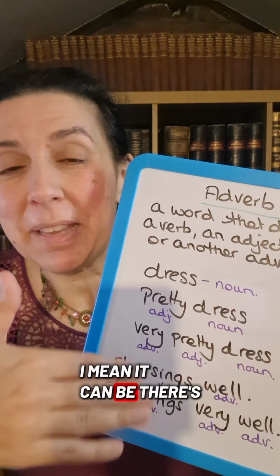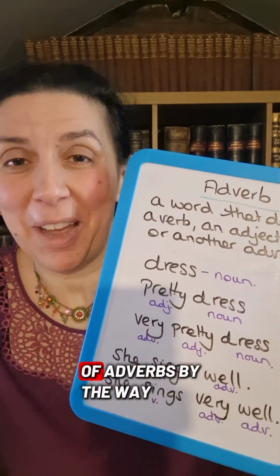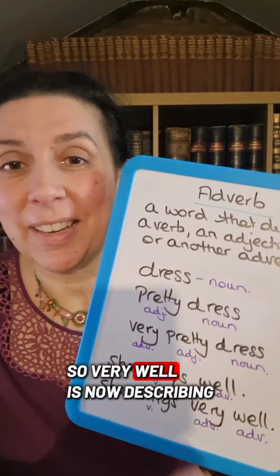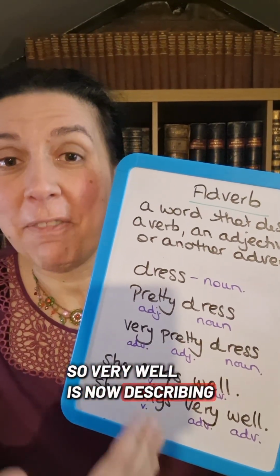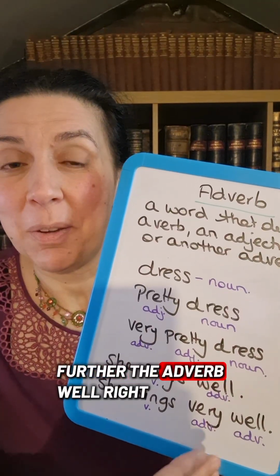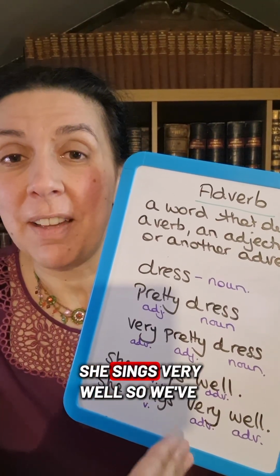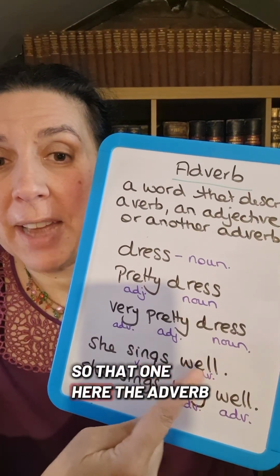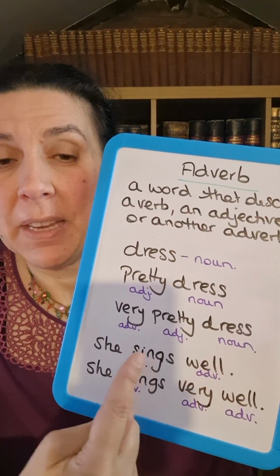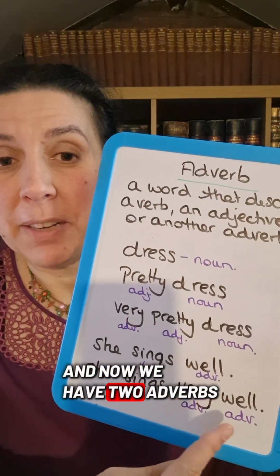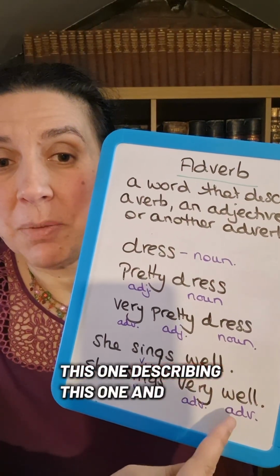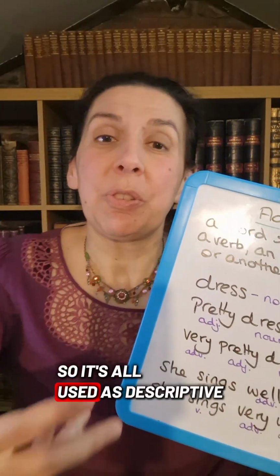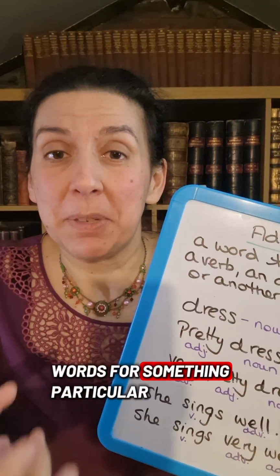There are a huge amount of adverbs, by the way. I'm just using a simple one, very, here. So very well is now describing further the adverb well, right? She sings very well. So we've got two adverbs here. In the first, the adverb's describing the verb. And now we have two adverbs, this one describing this one, and this one describing the verb. So it's all used as descriptive words for something particular.